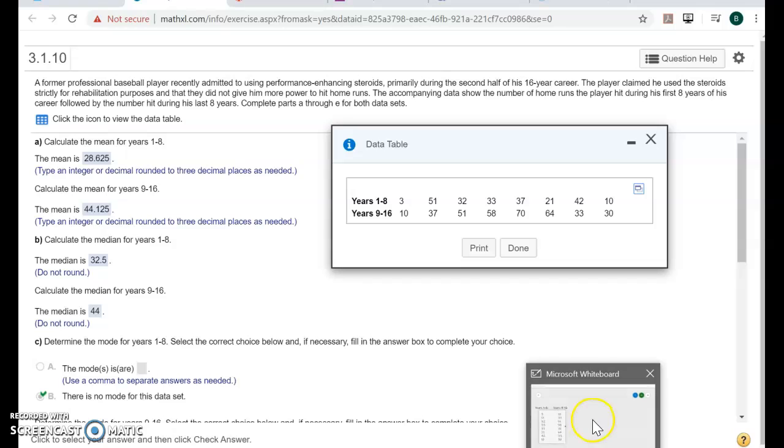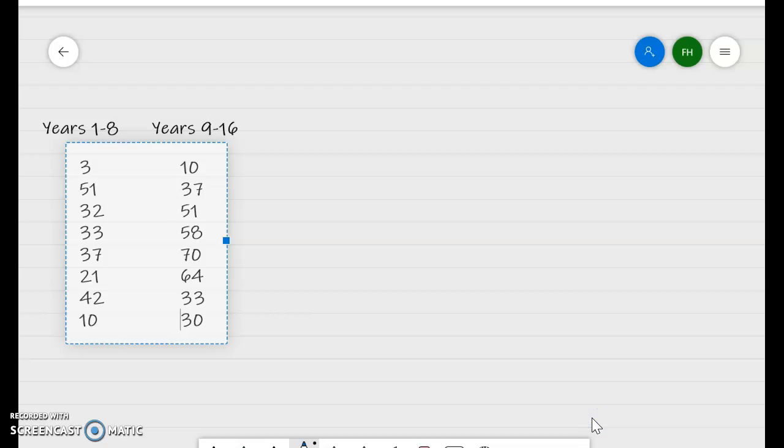So I'm going to do this by hand just to show you how you can do small data sets by hand. So for years 1 through 8, you're going to add up the numbers 3 plus 51 plus 32 plus 33 plus 37 plus 21 plus 42, and you're going to divide by your number of data points: 1, 2, 3, 4, 5, 6, 7, 8.